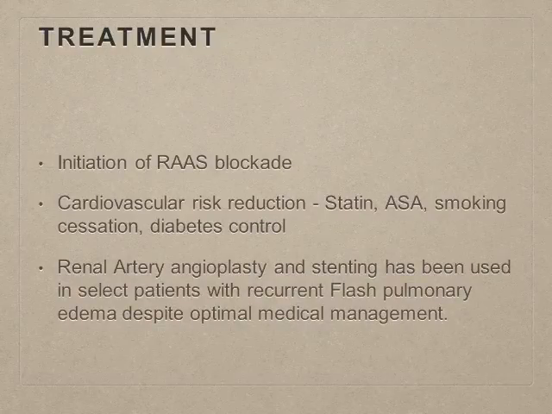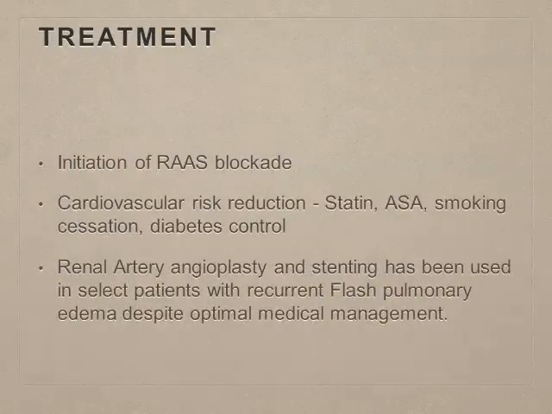One thing you also have to do is, patients that have unilateral disease still have a well-functioning kidney. So preventing any kind of acute kidney injury to the good kidney is very, very important.